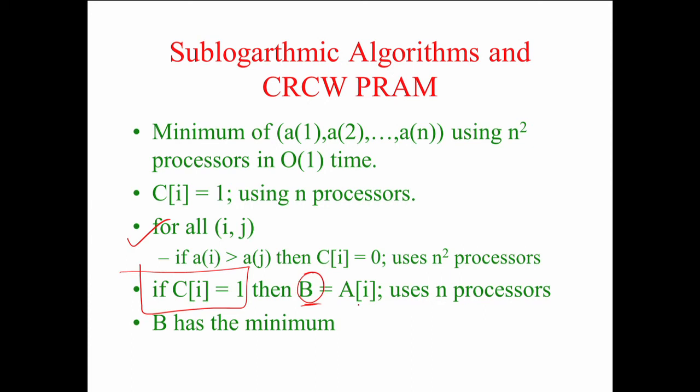If Ci and Cj are both 1, and Ai and Aj are different, then either Ai would be greater than Aj or Aj would be greater than Ai, so correspondingly either Ci or Cj would have become 0. Now I say both are 1, so that is a contradiction here, and hence using n squared processors I can find the minimum of n numbers in constant time.